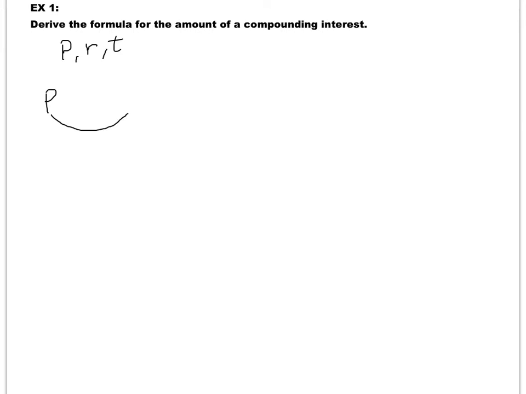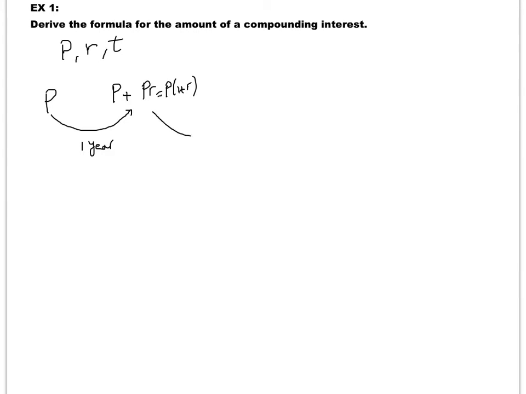After 1 year, you know that you are going to accumulate some interest on your initial amount, which is P. That interest is going to be PR. You just multiply the interest rate times your initial investment, which is P. And then you add it to the initial investment, which is P. So if you factor P out, you get P times 1 plus R.